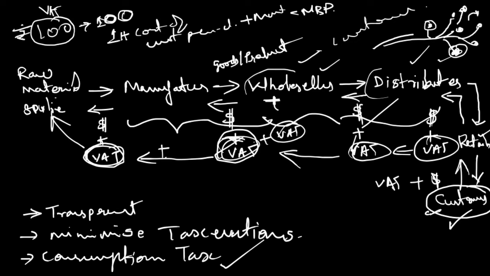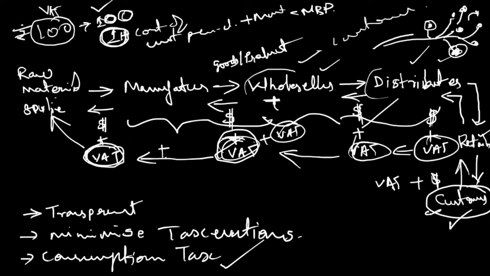So I am collecting it in a very nominal way. I have to sell 100 units for receiving the VAT which I have given to the supplier. Understood? So the objective is to avoid the cascading effect, which can have a snowball effect on prices.